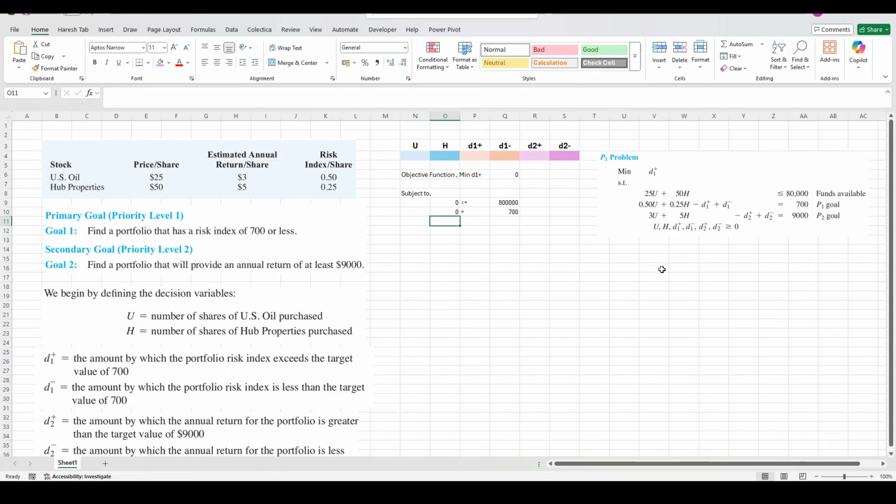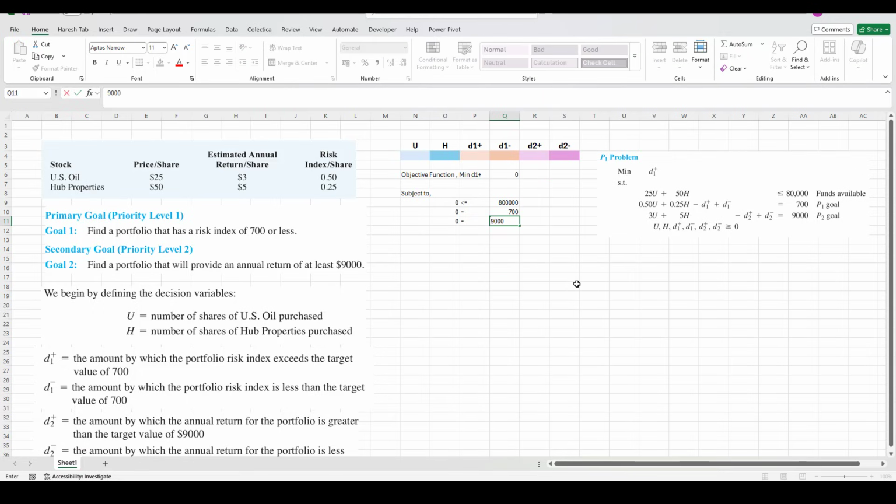My third equation is equal to, in brackets, 3 into U, bracket complete, plus another bracket, 5 into H, bracket complete, minus D2 plus, plus D2 minus. Enter. In the next cell I write the equal to sign, and in the next cell it is 9000.